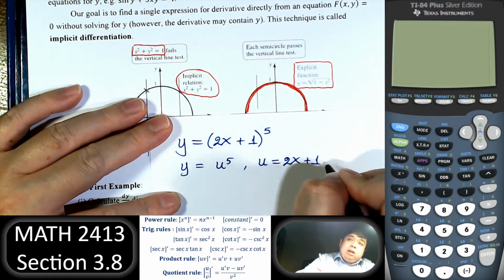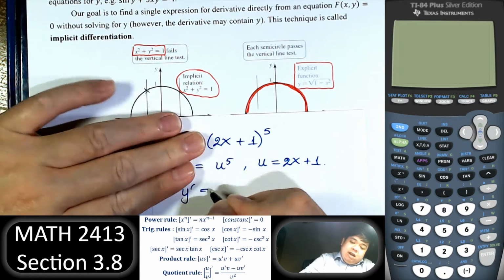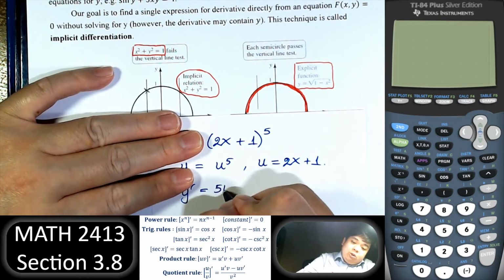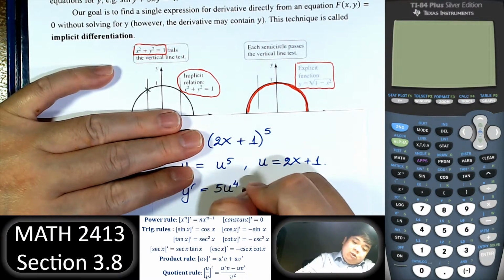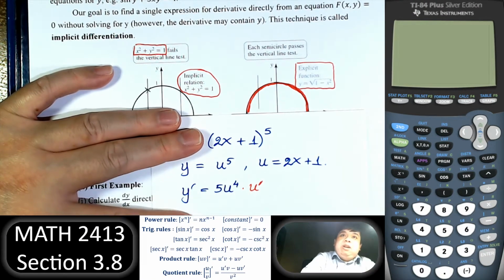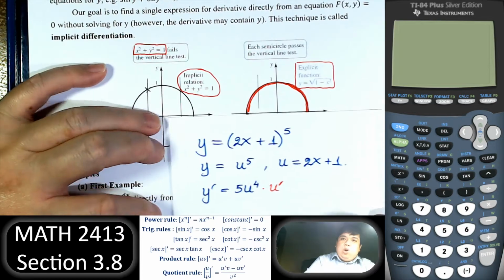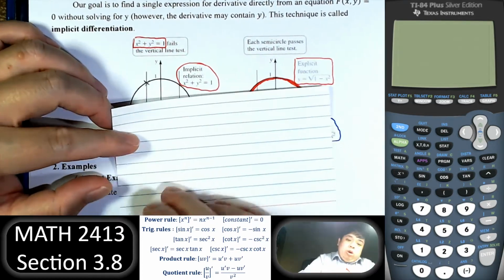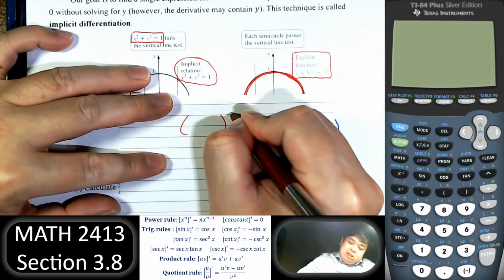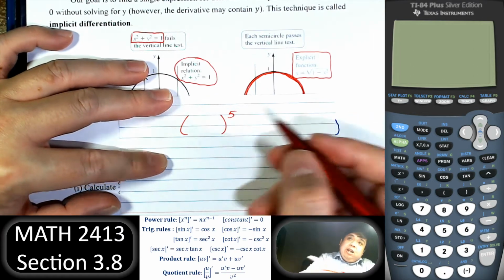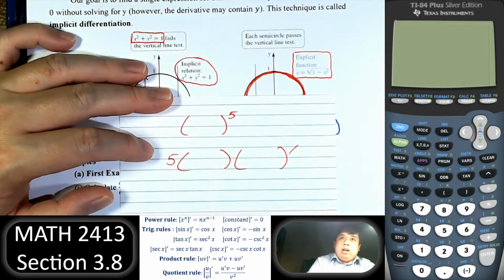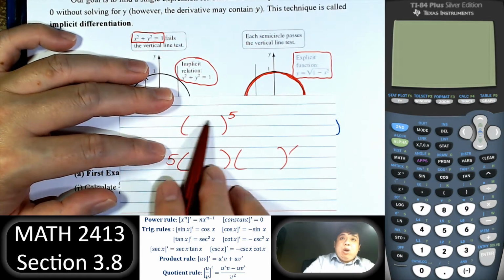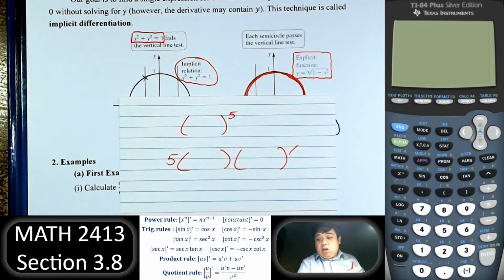And then the derivative of that is going to be 5u to the 4th power, times the derivative of u. Or if we use parentheses to the 5th, the derivative of that is 5 times the parentheses to the 4th, and then the derivative of the parentheses. Doesn't matter what we put inside the parentheses, as long as it is a function of x.